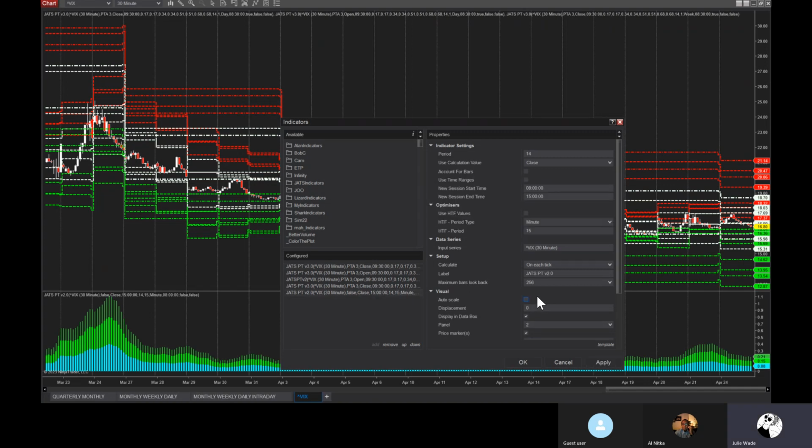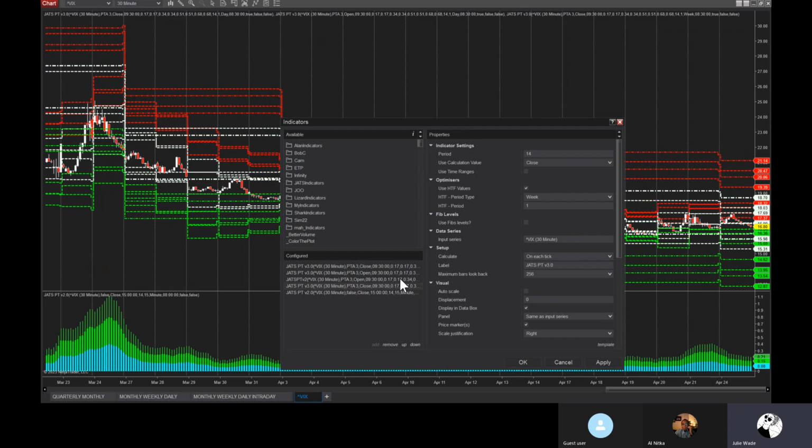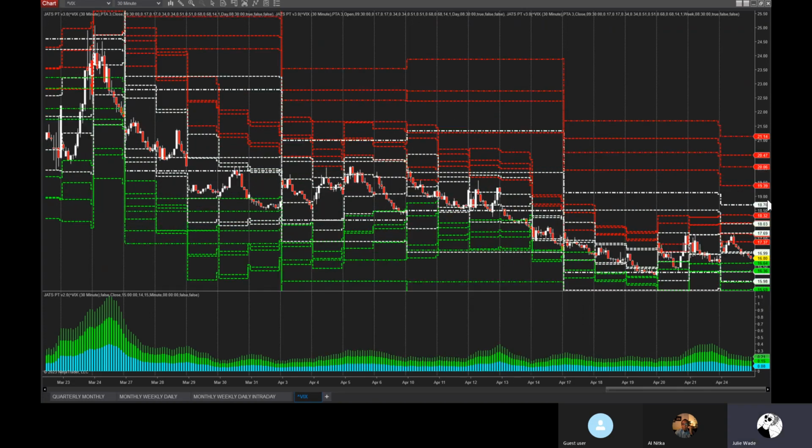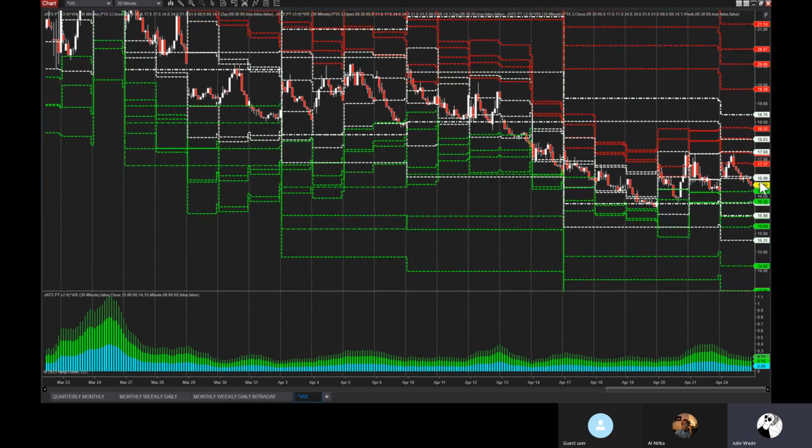I thought I got all these auto scalers out of here. I didn't. Okay, thanks for bearing with me. Here's the VIX again. And this is what I was trying to measure.